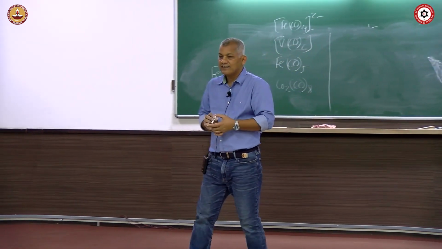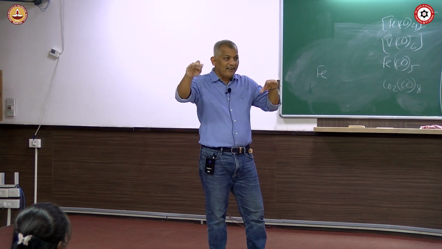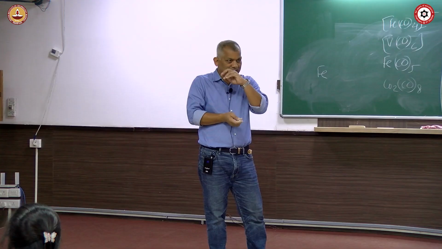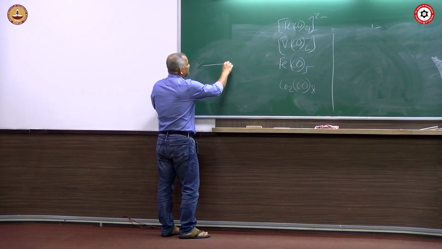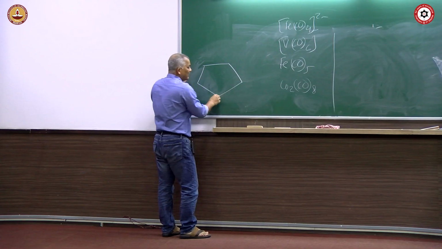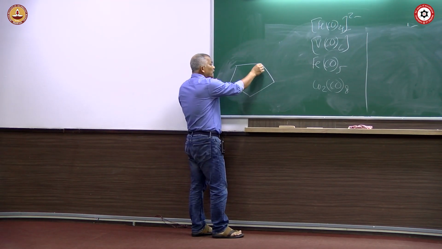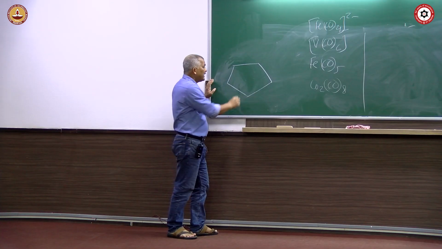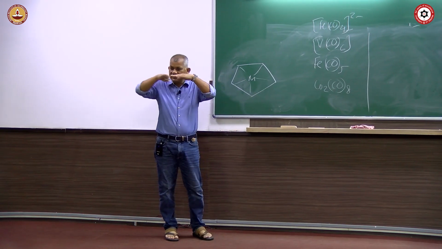What else? Pentagonal planar, that is also possible. This is very rare, where all the ligands will be in one plane and the metal coordinates with all of them on the same plane.